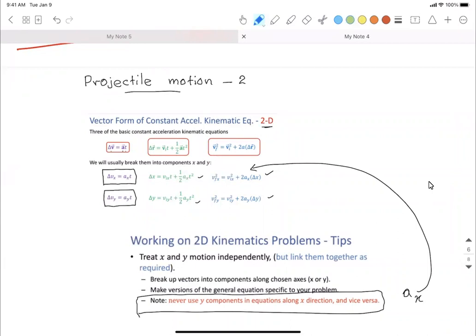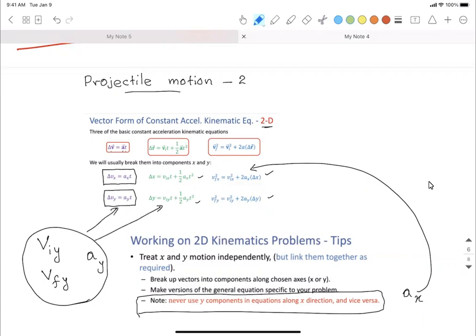Whenever you have information about initial velocity along the y direction, final velocity along the y direction, acceleration along the y direction, this information only goes in any of these y formulas. Never ever substitute x numbers for the y formulas.